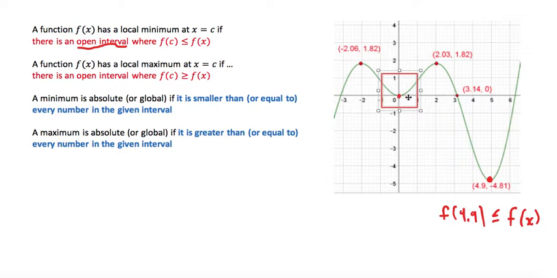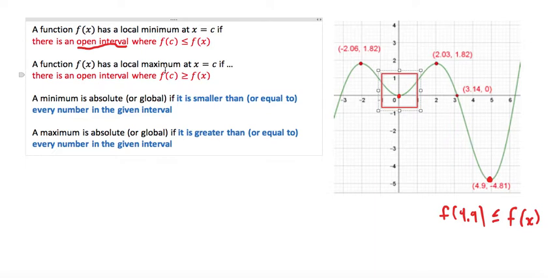In that particular region, there is no other point smaller than this point. Now, if I expand the region, then I might get some smaller point than this. But in this region right here, there's nothing lower than this point right here.